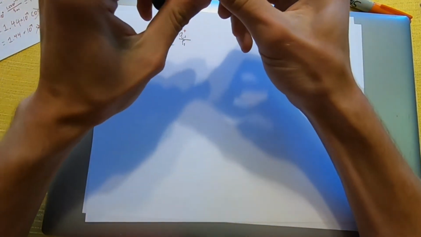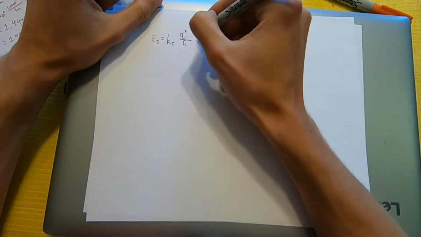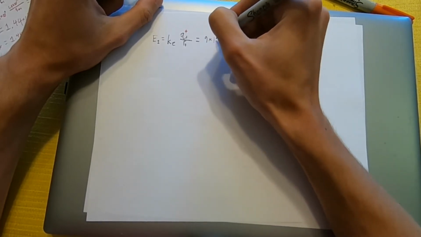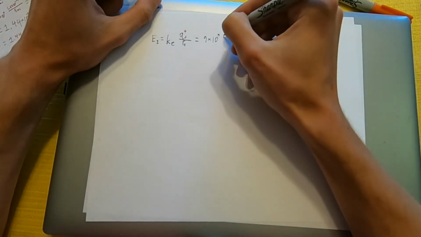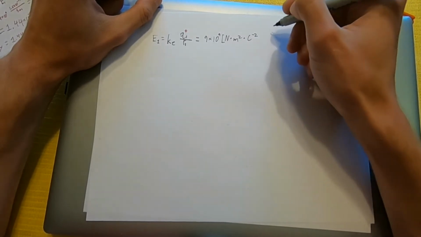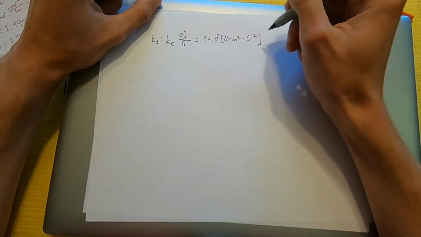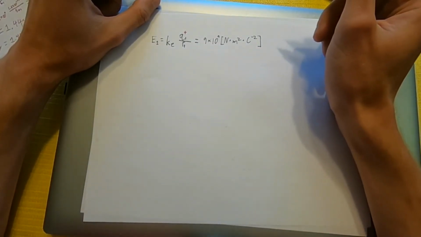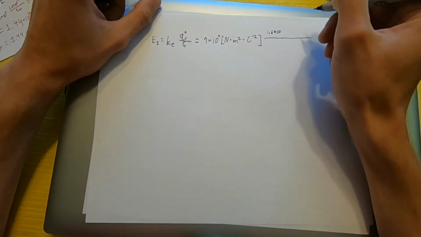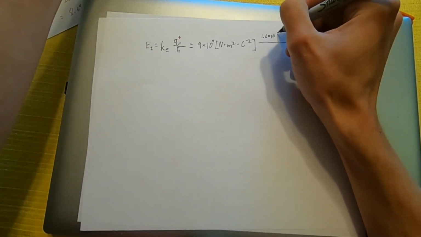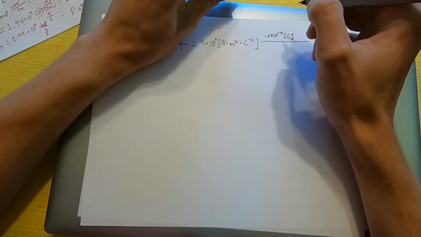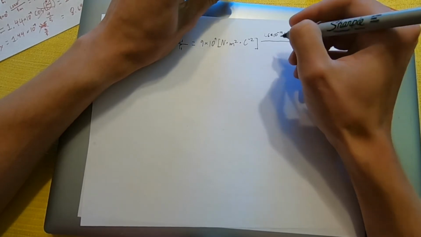So from that, we know that E1 is going to be equal to 9 times 10 to the 9th, again, that's in newtons times meters squared times coulombs to the -2, times the magnitude of our charge, 1.6 times 10 to the -19th coulombs, all divided by r squared.